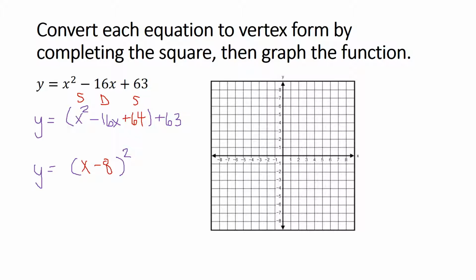So to balance it out, if I add 64 here, then I'm going to have to subtract 64 on the outside. 64 minus 64 balances things out. So here I have 63 minus 64, which is negative 1. This function right here is the exact same as the original equation. It's just written in vertex form so that we can graph it.